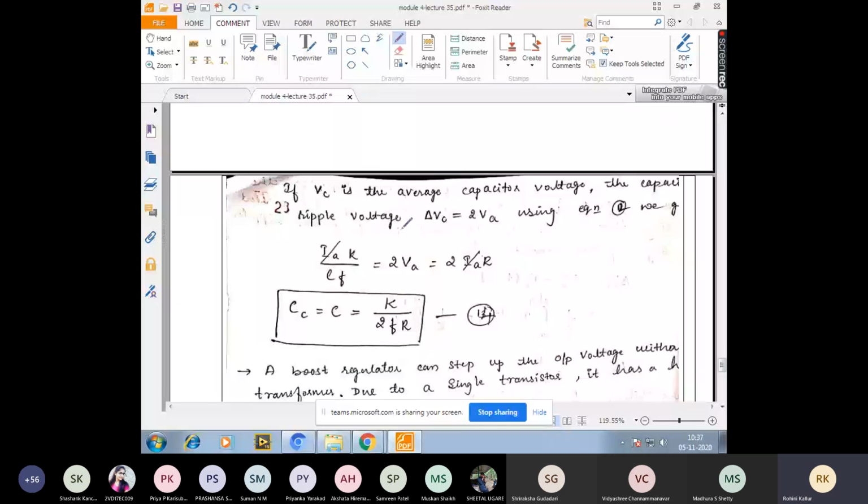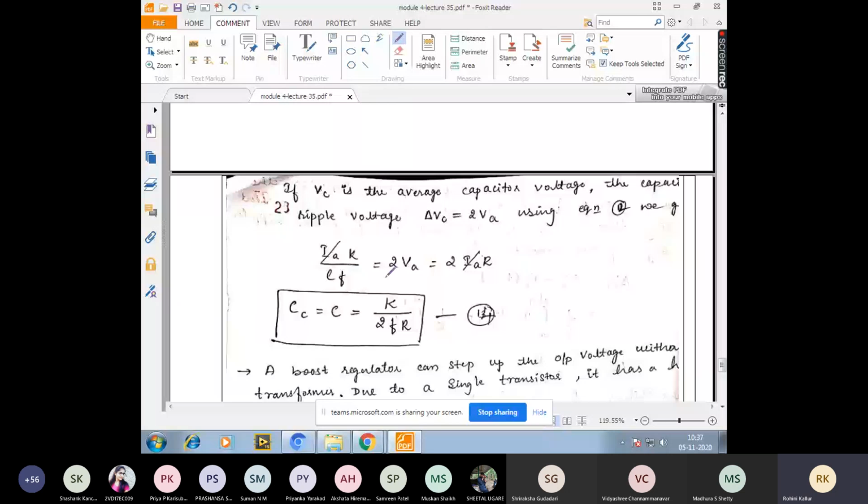So 2 Va, we can write as Vs divided by 1 minus K, but I have the equation in the other form, that is in the Ia form. So I will write this Va as Ia into R. So when I write this one, I have Ia and Ia common, so cancel them out. You will be calculating it for the capacitor C, so send it to the other side.